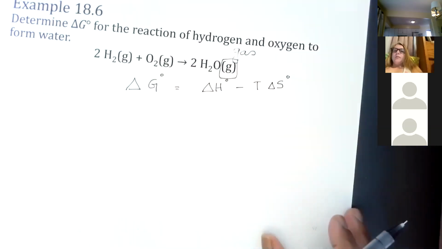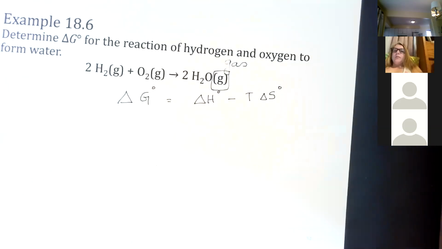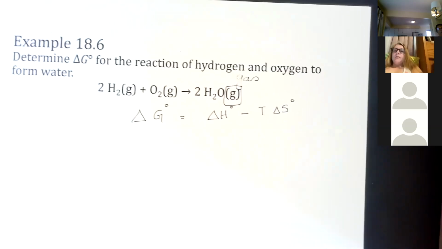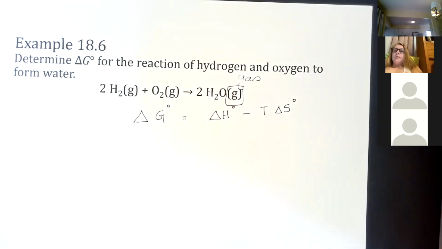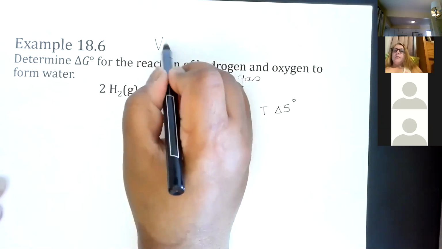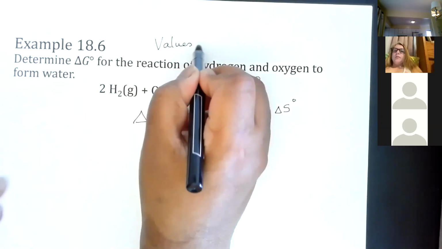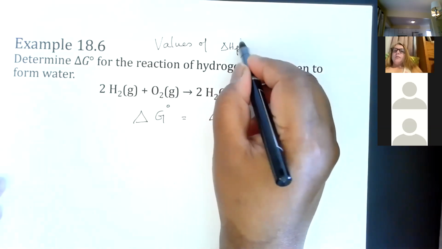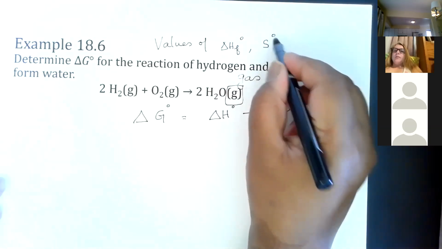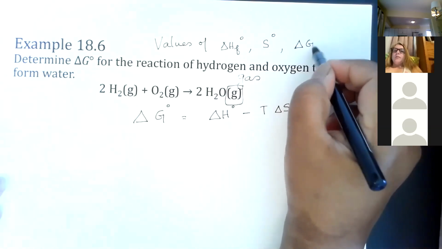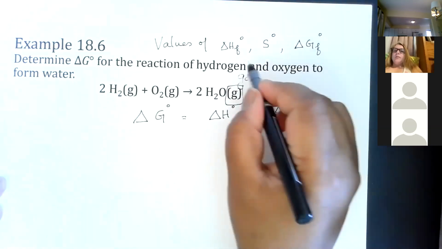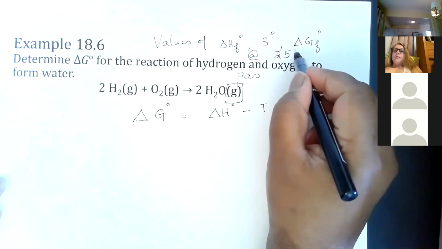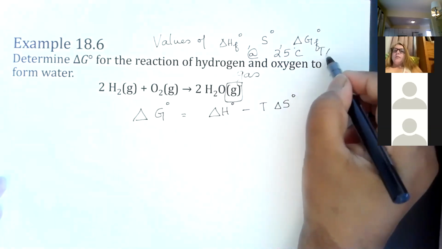Whatever values you get from the table, from the appendix, that's at 25 degrees centigrade. Values of delta Hf0, S0, delta Gf0. These are all at 25 degrees centigrade from the table.